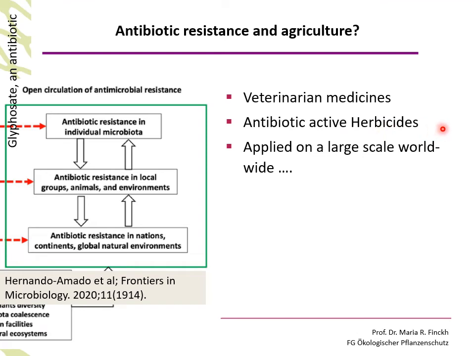It's not only glyphosate, it's also dicamba and other herbicides. And the herbicides are applied on a large scale worldwide. So we may have an open circulation of antimicrobial resistance between antibiotic resistance in individual microbiota, antibiotic resistance in local groups, animals, and environments, and antibiotic resistance in nations, continents, global natural environments. And this is only one part of the picture. I'll show you the rest.